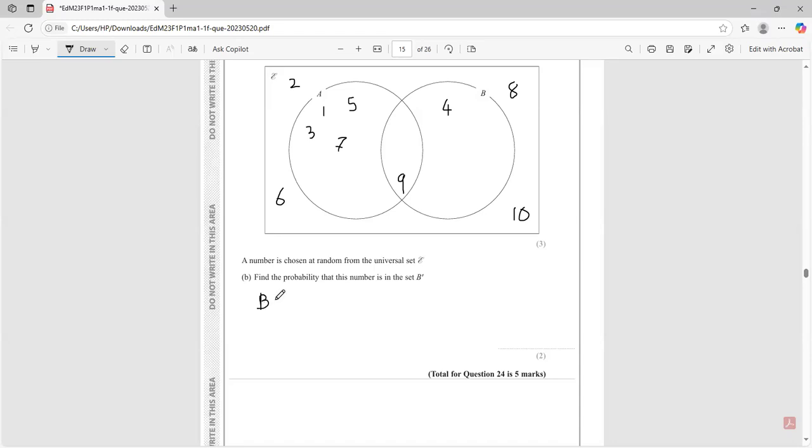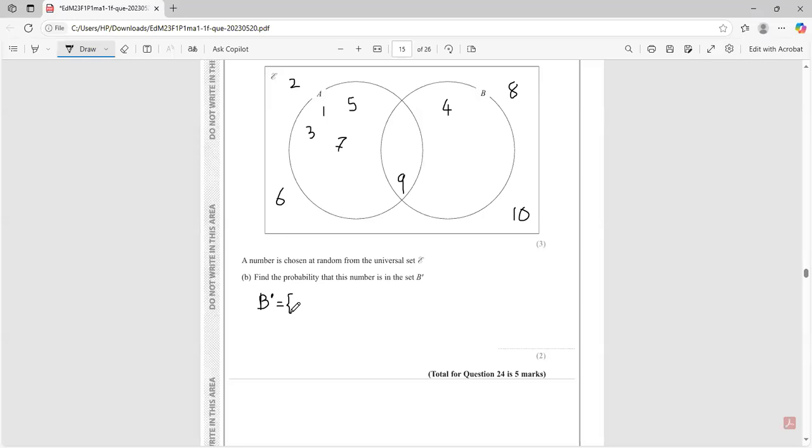When you have a prime, an apostrophe like that, that small sign there on B, what does it mean? Is it only B? Yes, just only B. So what does it mean?